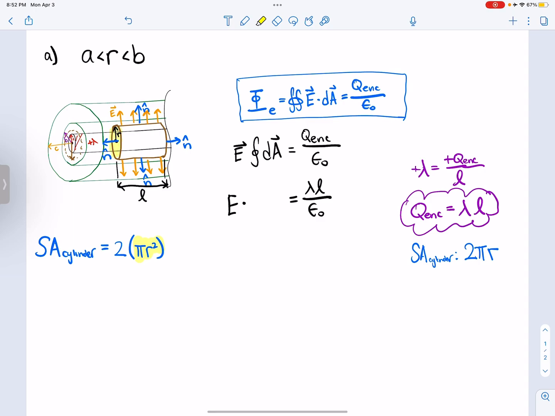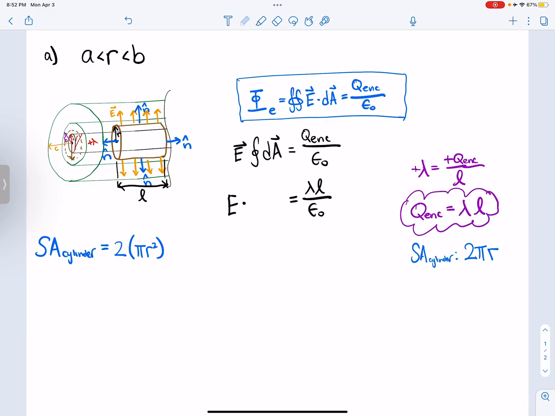You've got one flat surface here and another flat surface there. So that's why 2 pi r squared: that's the area of a circle, and we have 2 of those flat surfaces, so that's the 2 right there.